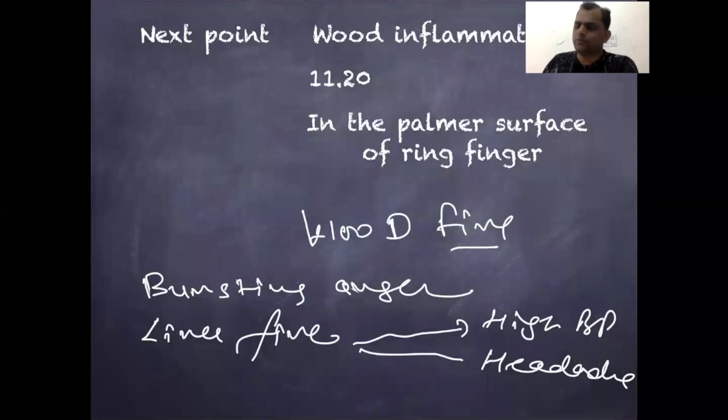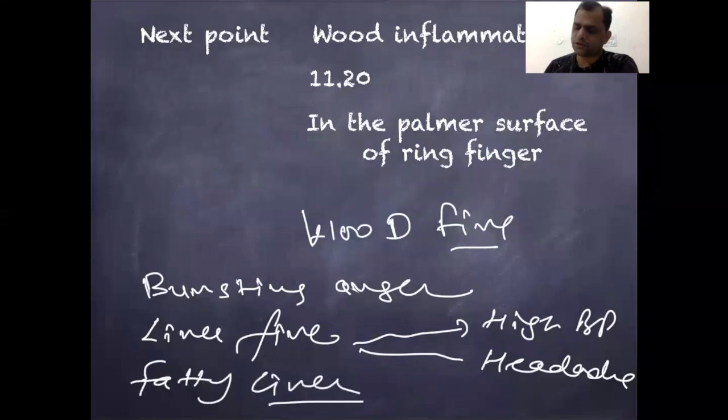Okay, so whether the person is having BP or not, whether the person is having headache or not, whether the person is having anger or not, if you see the report, and in the report it is fatty liver, then also we have to treat with the 11.20 point.